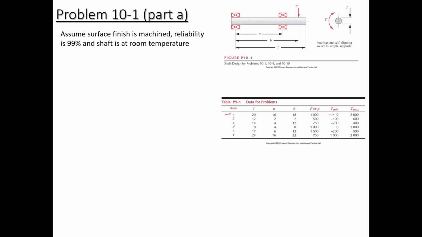Here we have a repeated torque because Tmin is 0 and Tmax is 2000, and it's under bending by this transverse load P. So it's going to try to bend this. We need to find the diameter if the shaft is machined, taking a 99% reliability and assuming room temperature.